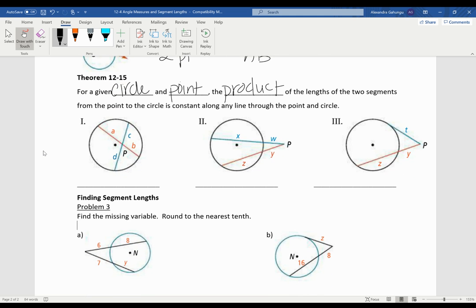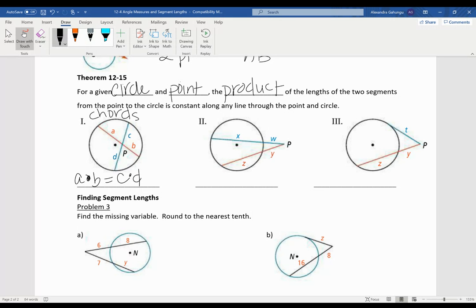So if we're given this example where we have chords that intersect inside the circle, we're going to take the product of each part of the chord. So A times B is equal to C times D. I always think of it as part times part equals part times part.